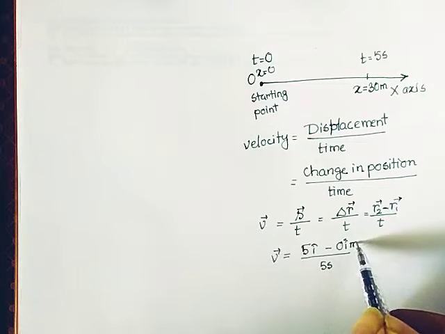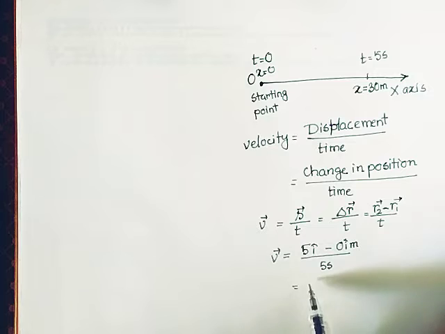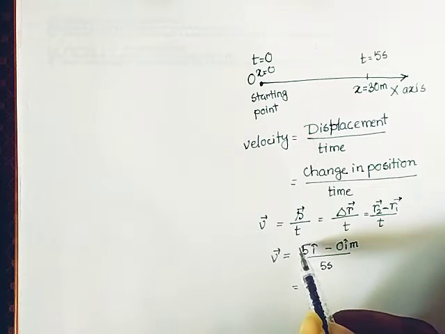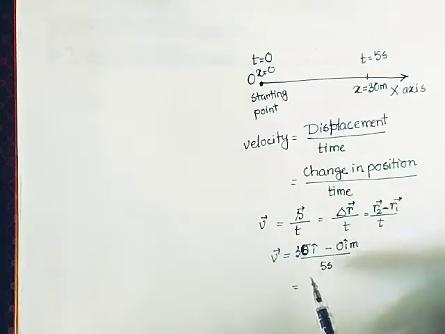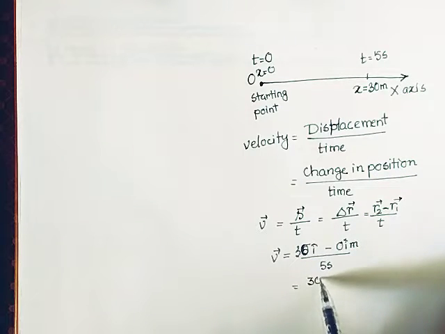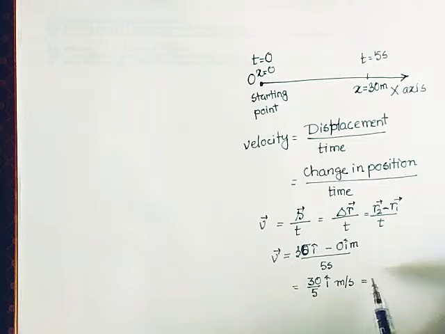Obviously if I take it in meter, then this one is 30 because the position is 30 meter, so it will be 30 divided by 5 i cap meter per second. So this basically denotes 6 meter per second i cap.